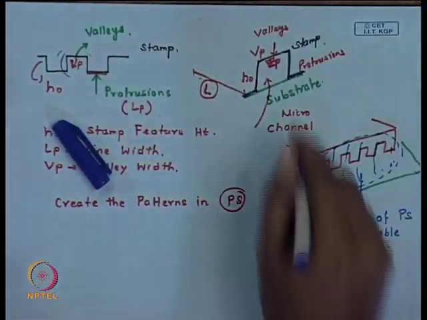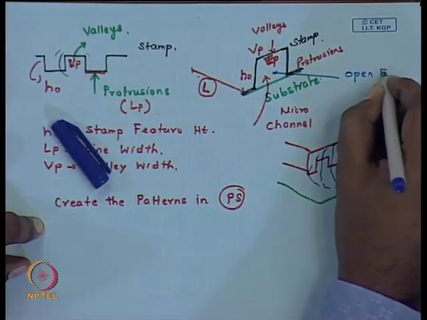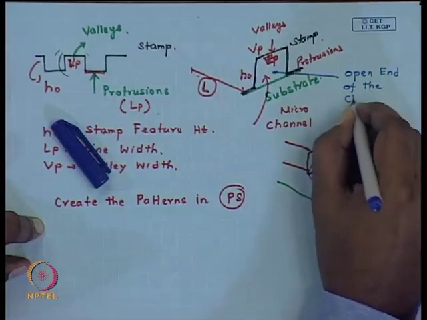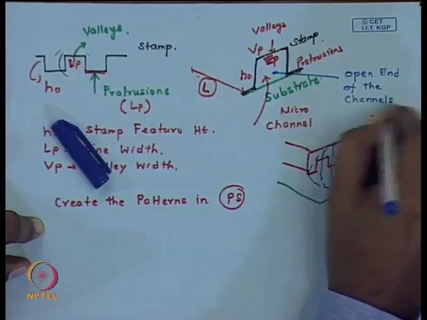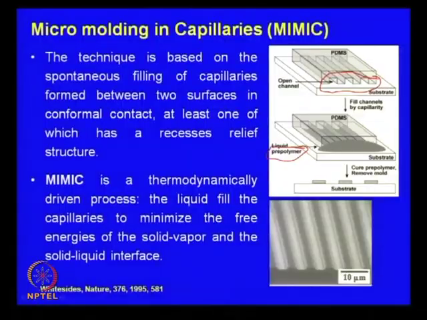So, each one is an open end of the channels which have formed due to the conformal contact between the stamp and the substrate. Okay. So, once you dispense that, what happens?